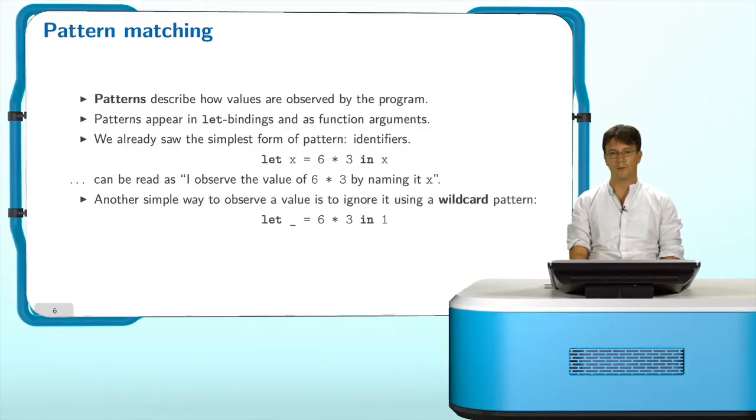There is another form of pattern which is very simple and is used to say that you just want to ignore some components. This is called a wildcard pattern, and it is written using an underscore. So when you have the following expression, you can read it as I ignore the value of 6 multiplied by 3.